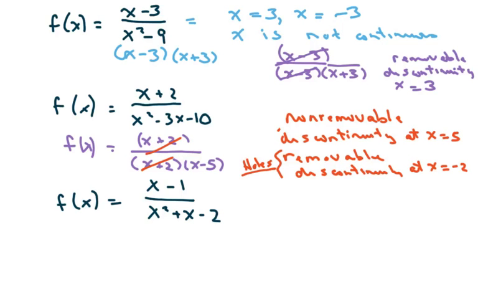And the same thing for the last one. Let's just rewrite this, and we're going to get x minus 1 over x plus 2 times x minus 1.